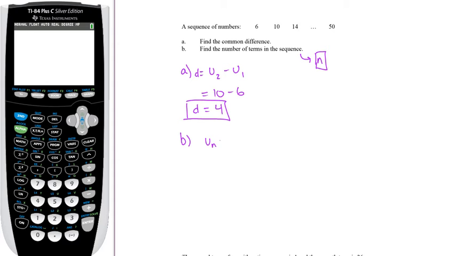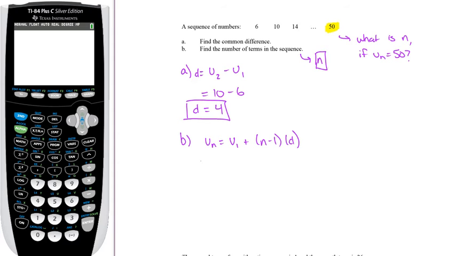So I can set it up with the same general term equation, except now my unknown isn't un, it's not a term I'm looking for, it's the term number. I know that the last term, un, is 50. The question I have is: what is n if un equals 50? And the equation can help me figure that out.